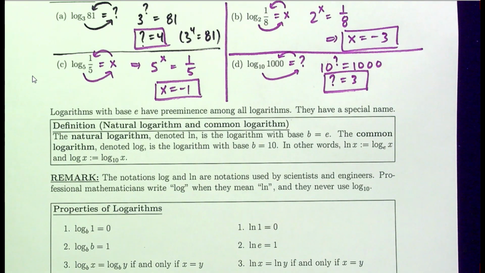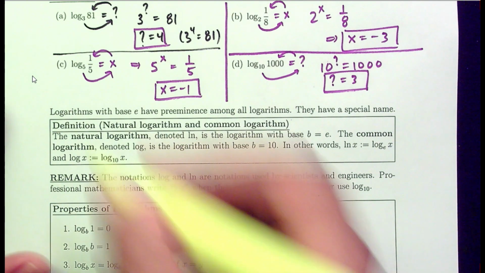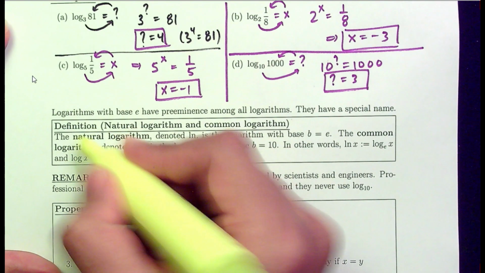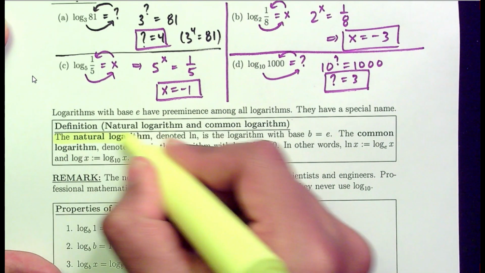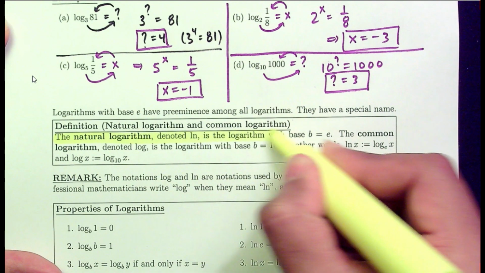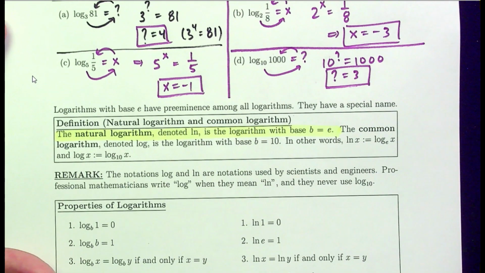Sometimes the one that has base 10 is important. I think engineers use base 10 sometimes. But really, the most important one in general is the so-called natural logarithm, which is the logarithm that has base e.